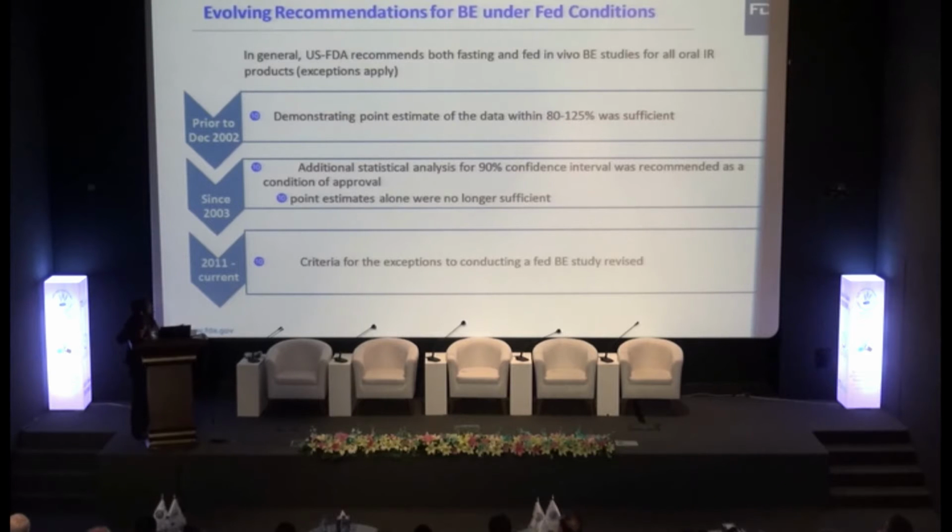However, at the end of 2002, we posted our PK endpoint guidance, and in that we recommended additional statistical analysis for the 90% confidence interval as a condition of approval for the FED study. So just the point estimate alone was no longer sufficient from 2003 onwards.